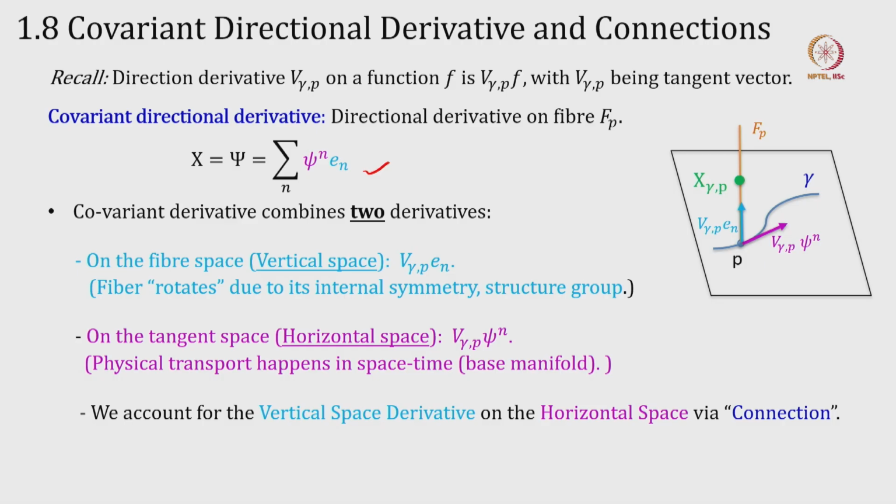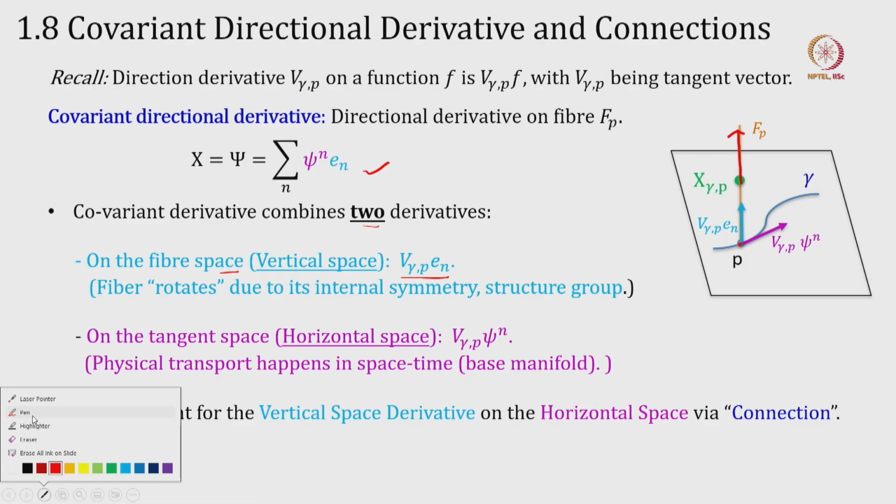Now, a covariant derivative combines two derivatives. One is on the fiber space, and when we say on the fiber space, we rather mean on the unit vectors. Okay. So, for any point, if I think of taking a derivative, I have to define how things are changing from this point to some nearby point, right. I want to define a covariant derivative from this point, and I will have two components.